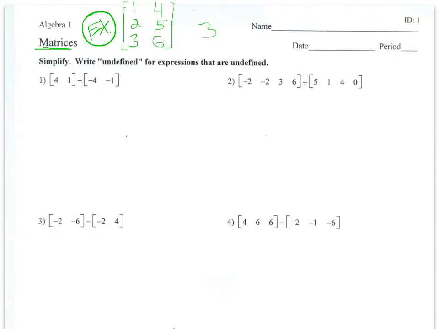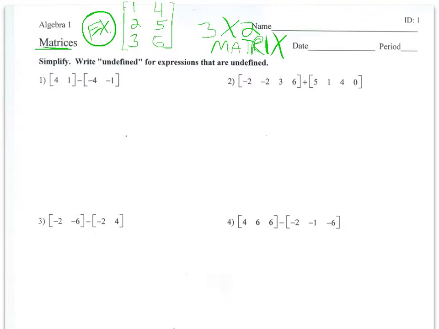So I classify this as a 3 by 2 matrix, meaning I have 3 rows and 2 columns. Those are the dimensions of the matrix: how many rows, how many columns.